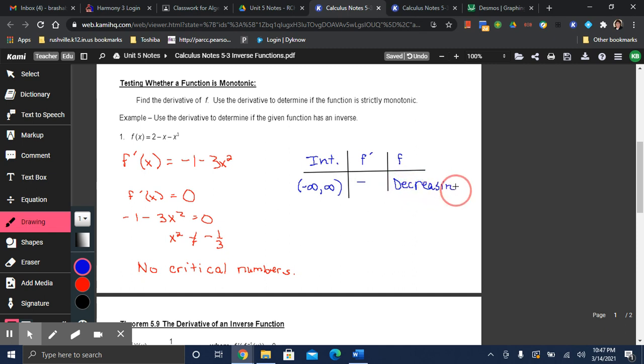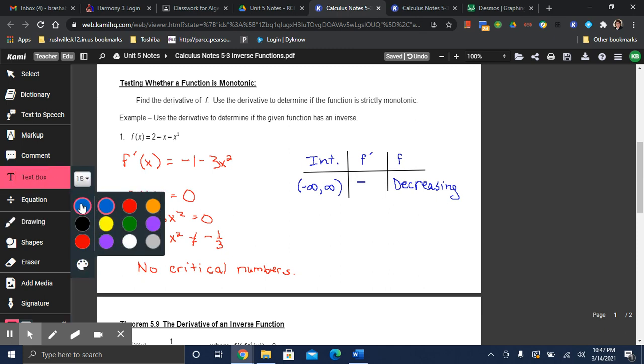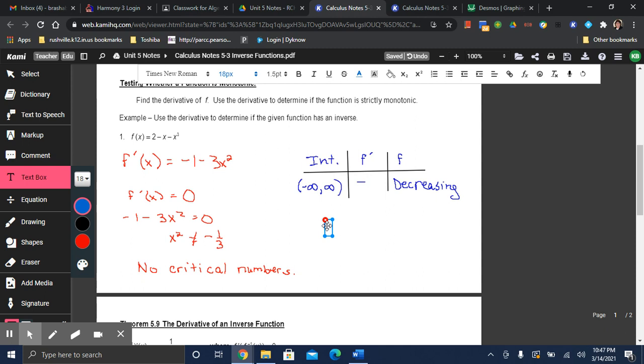And so because it didn't have any critical numbers, when you analyze the function, we find out that f is monotonic, decreasing, which means that, therefore, f is 1 to 1, and your conclusion is that f has an inverse.